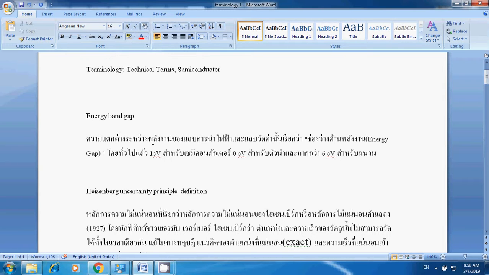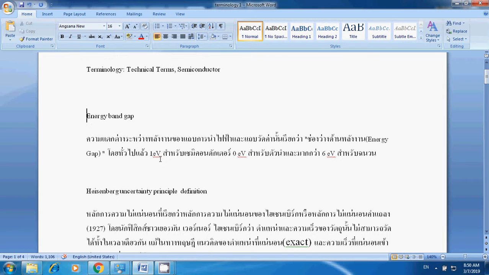For energy band gap, you have the conduction band and also the valence band, right? The separation of the conduction band and valence band is what we call the energy band gap. The difference between the conduction band and valence band is called the energy gap.